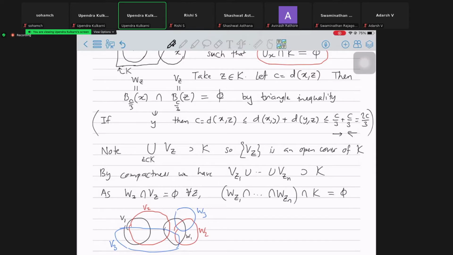What was the purpose? Where did finiteness help us over here? Finite intersection of open sets is an open set. Exactly. You see, these W's, I could have played the exact same game by taking intersection over all the W's. Would that intersection be non-empty, by the way?